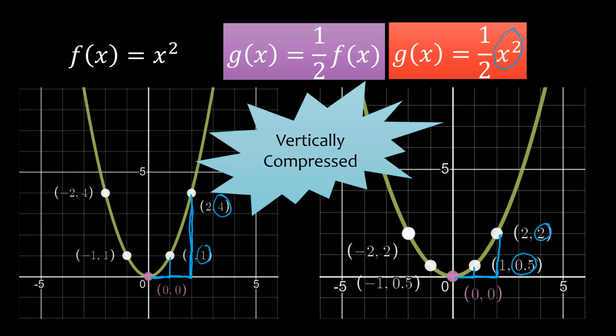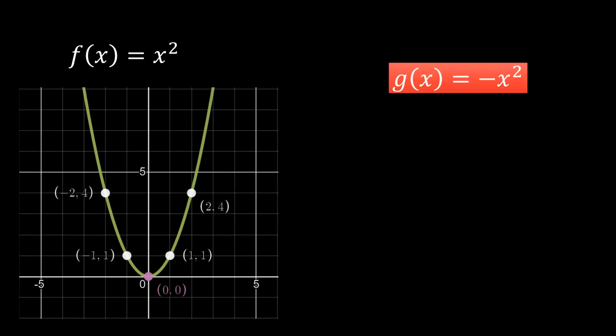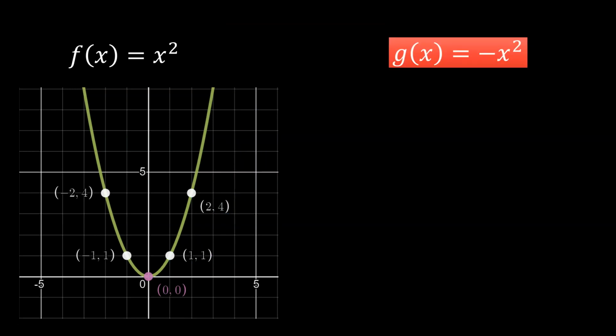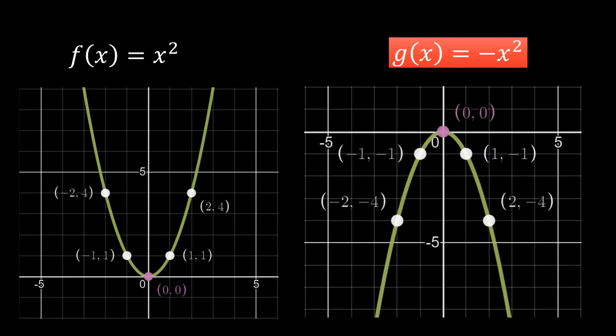Now, what happens if we multiply the function x squared by a negative 1? Well, we know that multiplying on the outside changes the y value, the output. So how does it change?